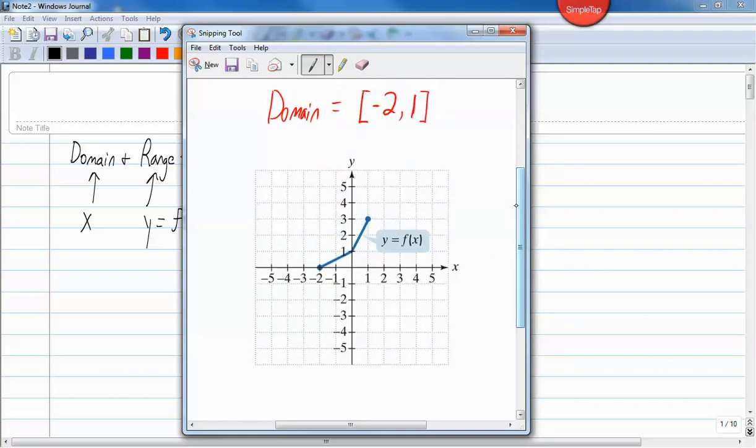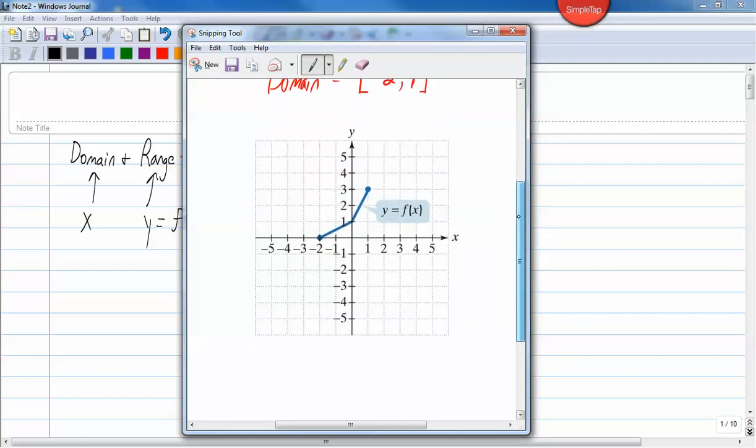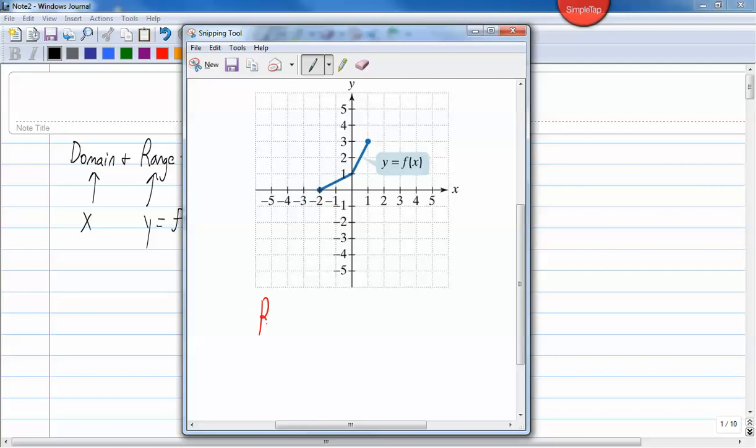Alright, so that's all the x values. That's the domain. Now what about the range? The range is all the y values. So for the graph to contain a y value, you'd have to be able to touch the graph going left or right. So the first place I could touch the graph going left or right would be at y equals what? 0, right here.